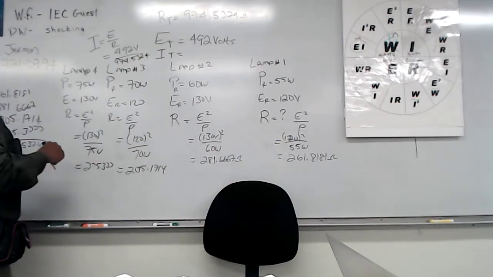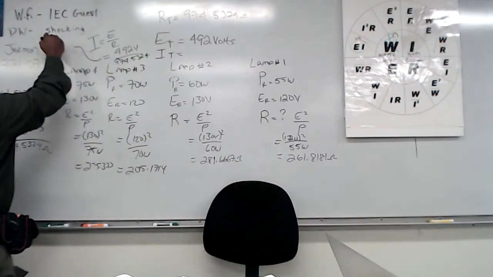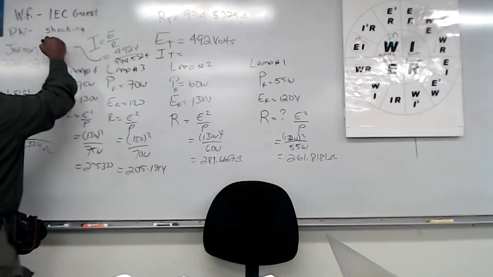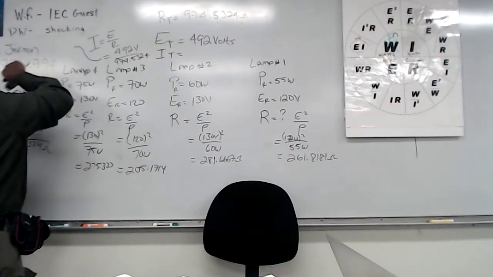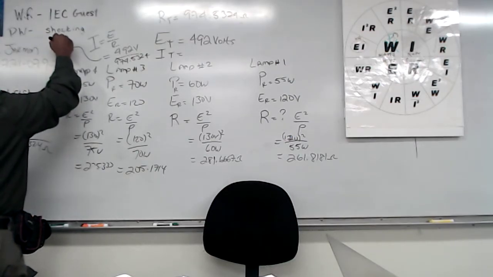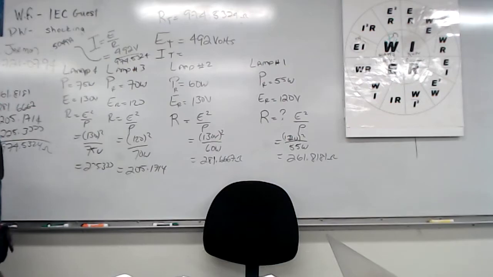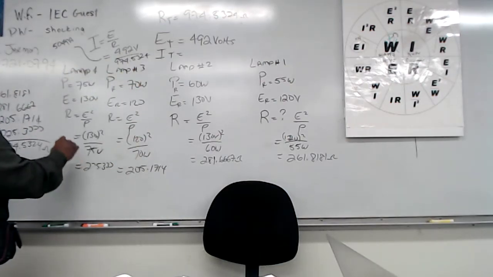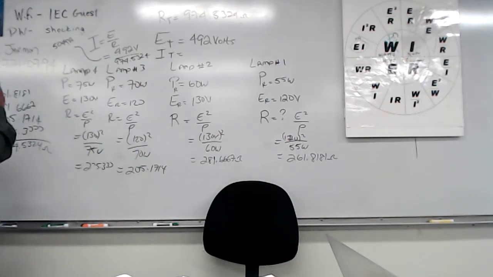What does that equal? 0.5049 amps. So in every single one of these lamps, the true I is 0.5049 amps. Yes? Okay.